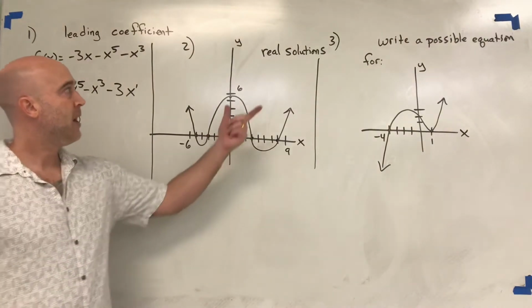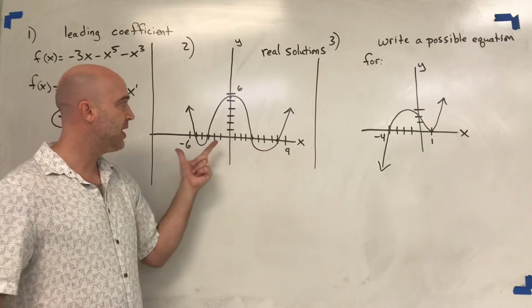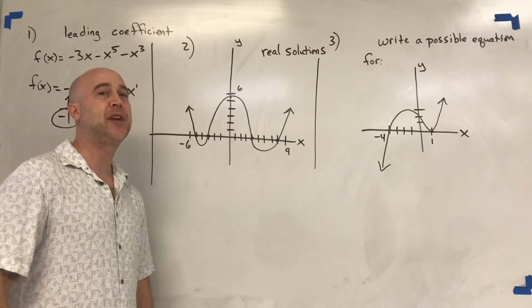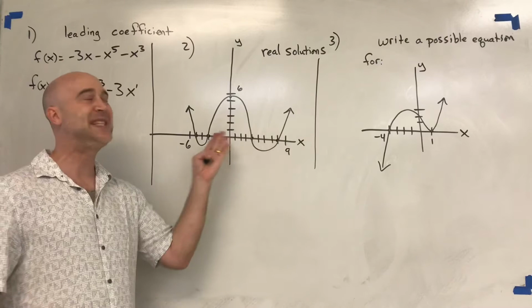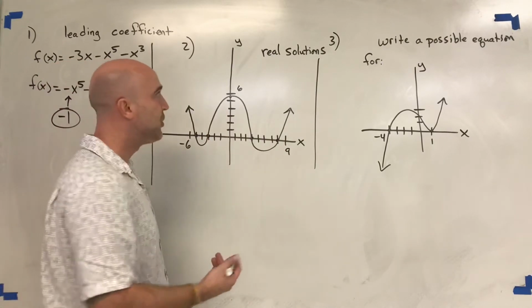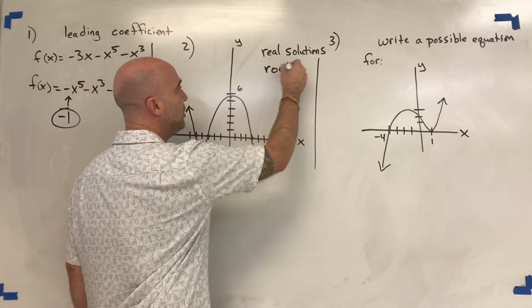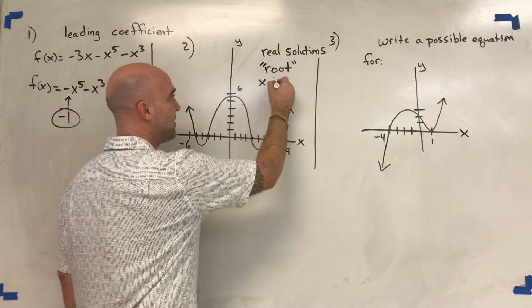Next one. This one asks for the real solutions of this problem. It says real so that we don't have to worry about the complex solutions. So we're just focused on what do we see here. Well, let's use some different words for real solution. Another word is root. What are the roots? Or x-intercepts.